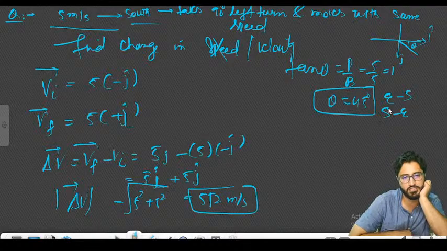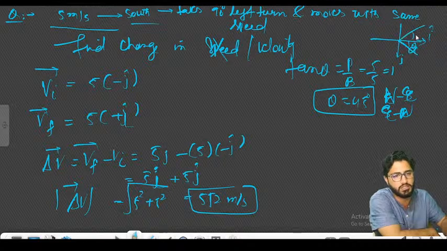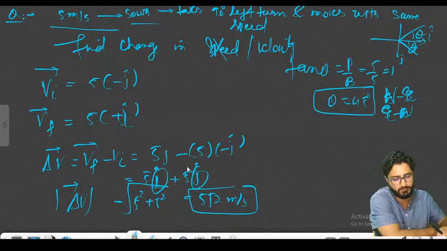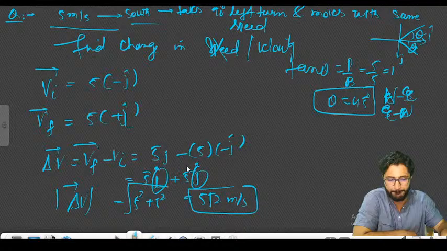It is not east of south, right? Both are positive, so it is northeast, east of north. Because here is i cap and j cap, i cap plus j cap.